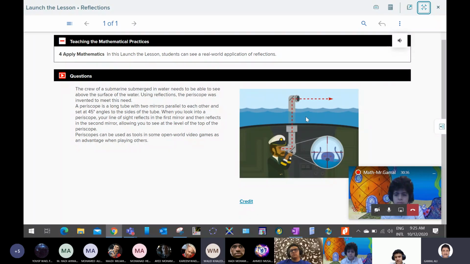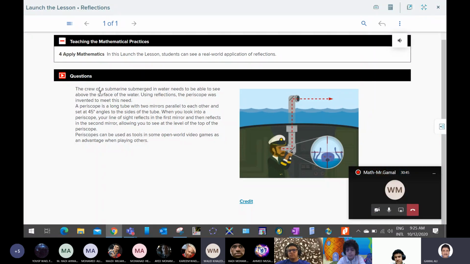Who can read this question to understand what the reflection is? The crew of a submarine submerged in water needs to be able to see above the surface of the water using reflections, guys.